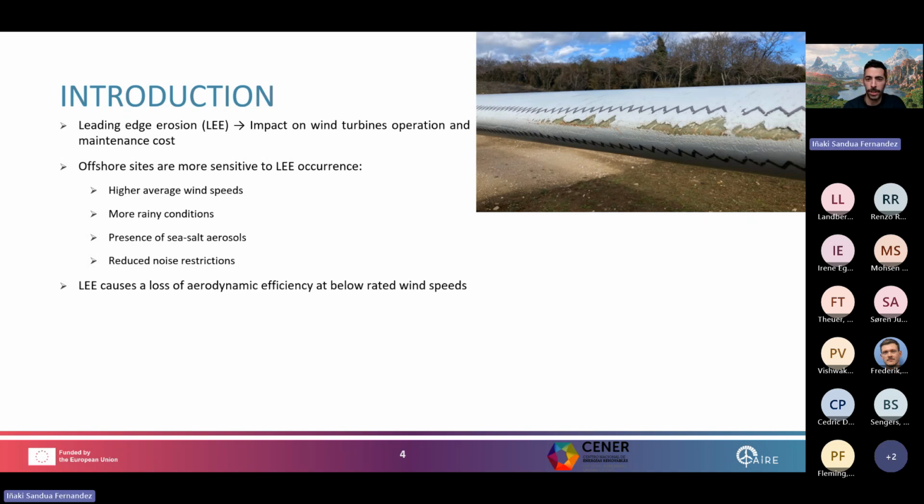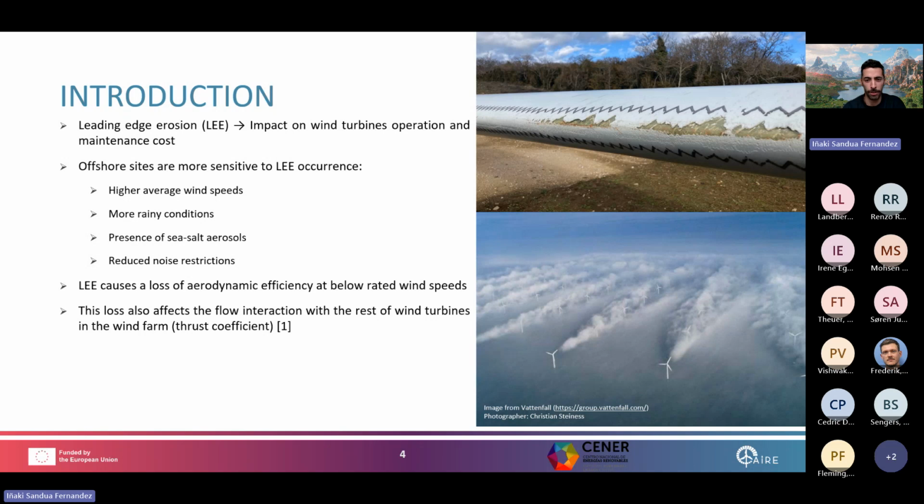Leading edge erosion causes a loss in the aerodynamic efficiency of the wind turbine, which causes a power production reduction, especially at below rated wind speeds. But it does not only affect the power production, but also the thrust. And as it affects the thrust, it also modifies, actually reduces, the wake a rotor produces.